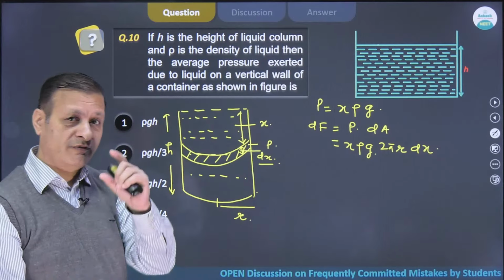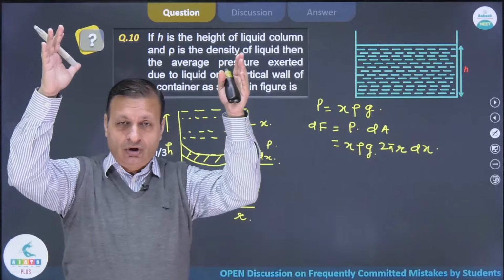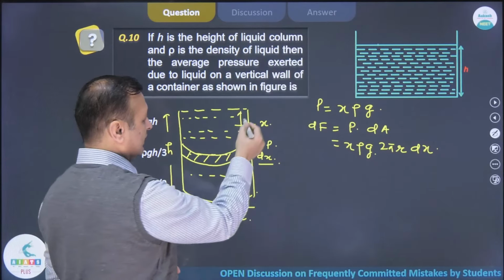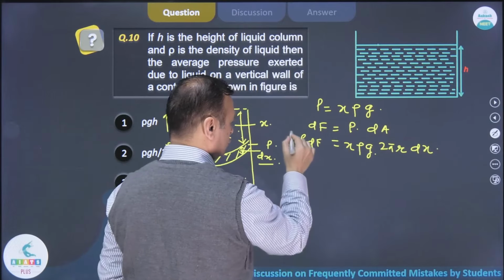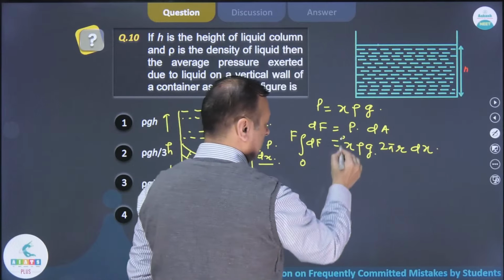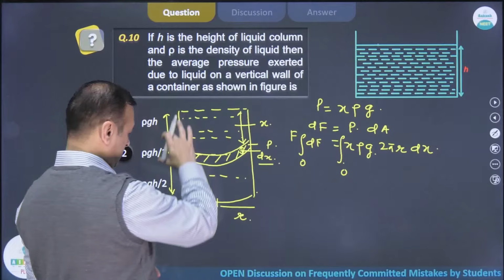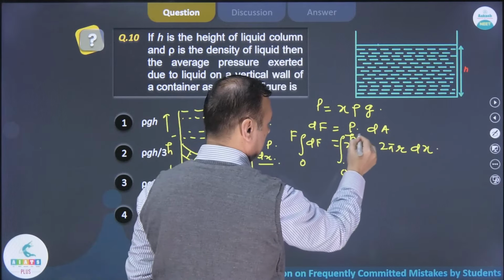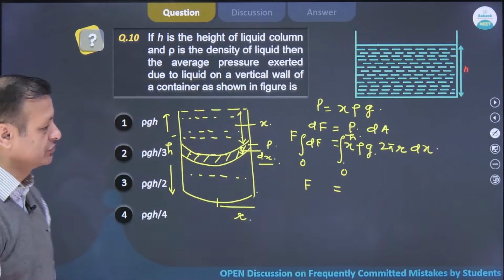So this is the small force. To get the force on all the walls of the container, we need to integrate it to find the total force, up to the level which is filled with liquid, that is height h. That gives me the total force.